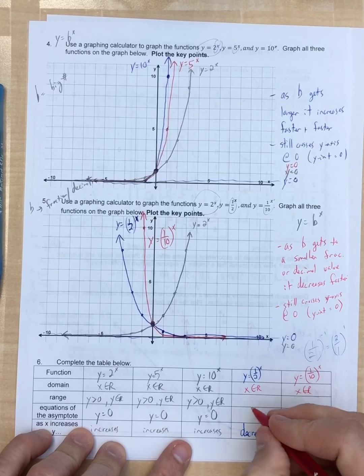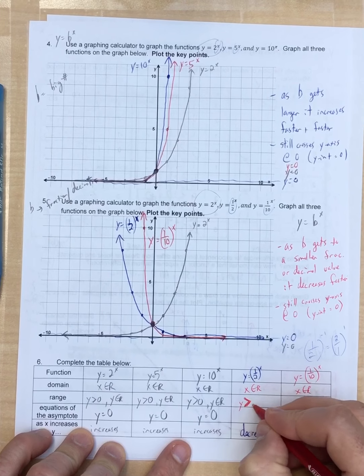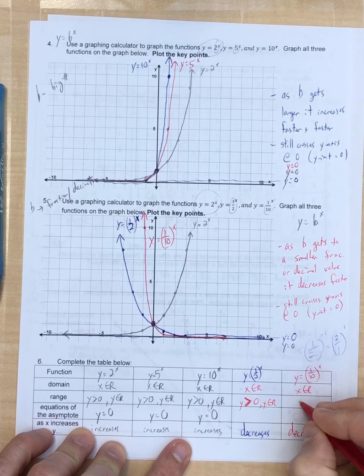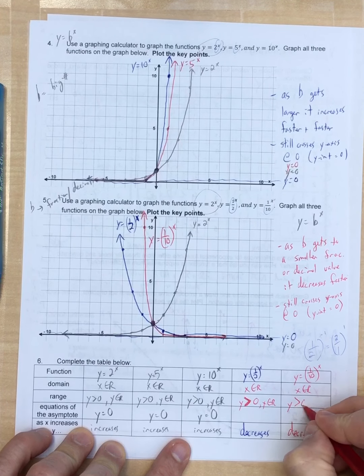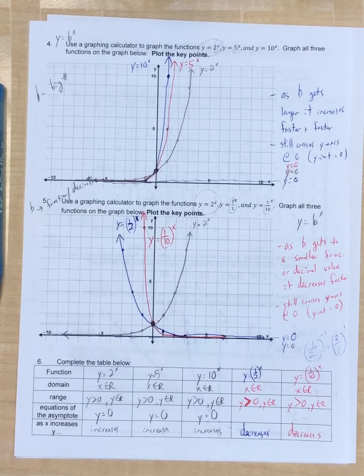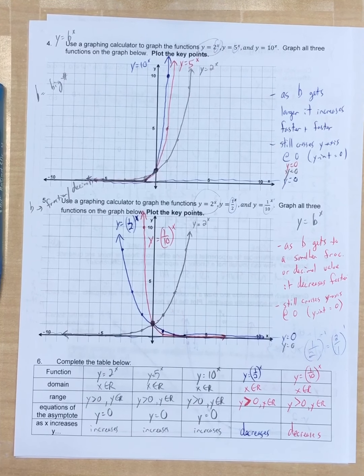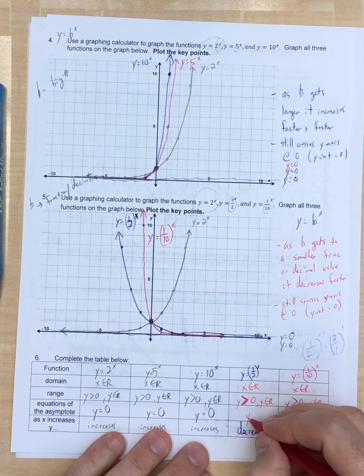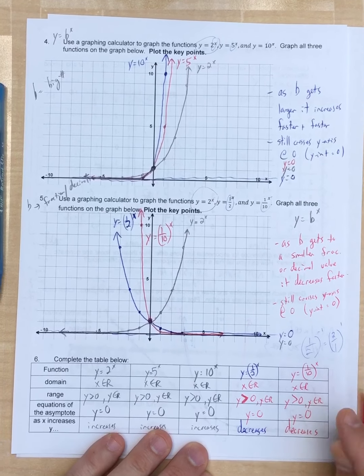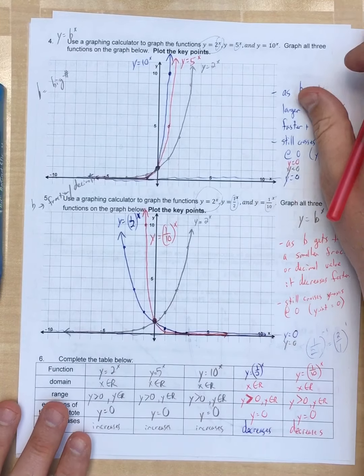And strangely, the range is still y greater than 0. It doesn't quite get there, and it's not like y cannot be above 0. It can be above 0, it just can't be below 0. The equation of the asymptote is still the same. It can't cross y equals 0. So we got those interesting ideas happening here.